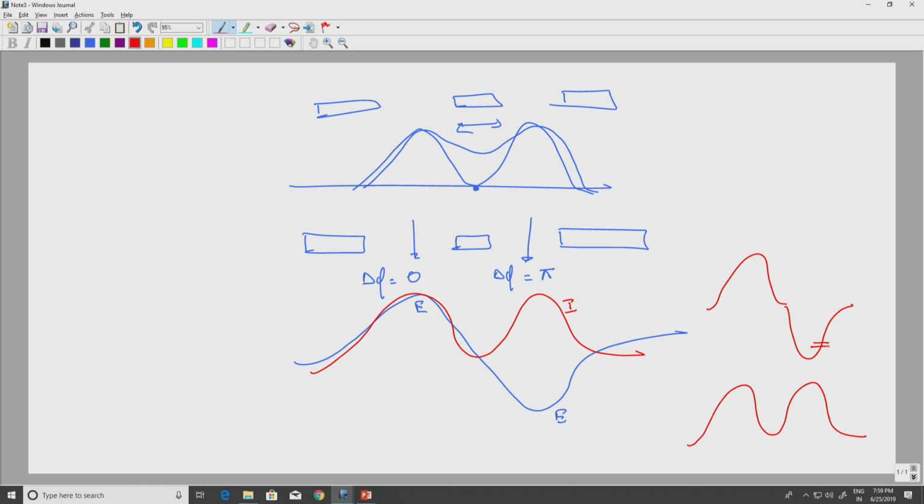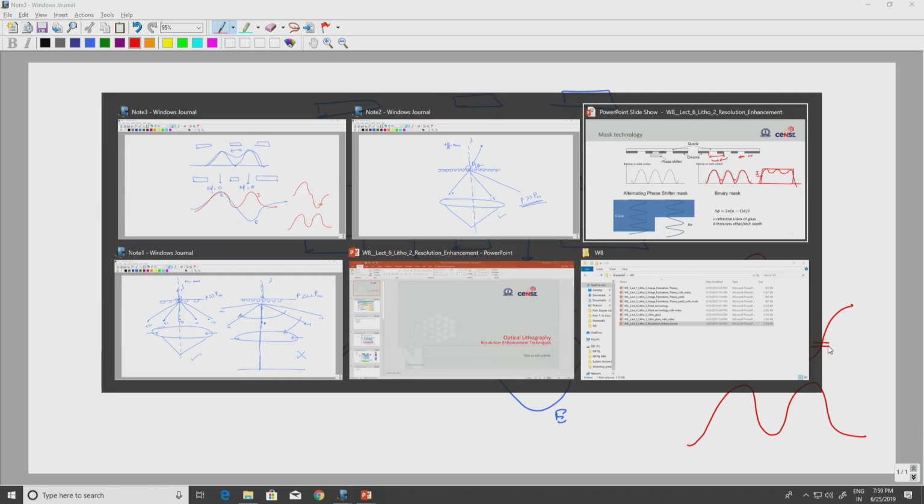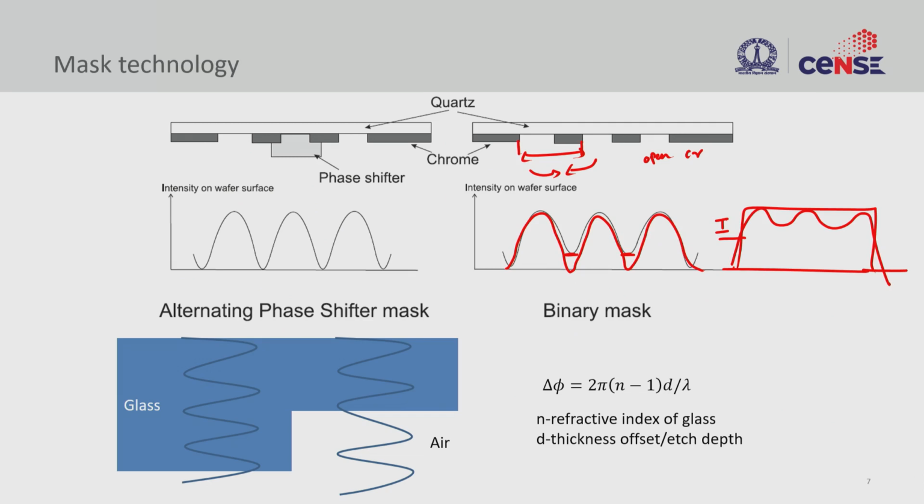This is what we call phase shift mask. The adjacent one, I am putting a phase shifter. This phase shifter will pull my amplitude down. So how do we achieve this phase shift? By just adding an additional optical path. That is what is mentioned in this alternate phase shift mask, where you don't use any chrome at all.